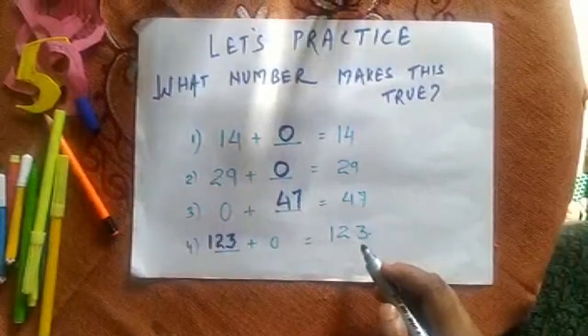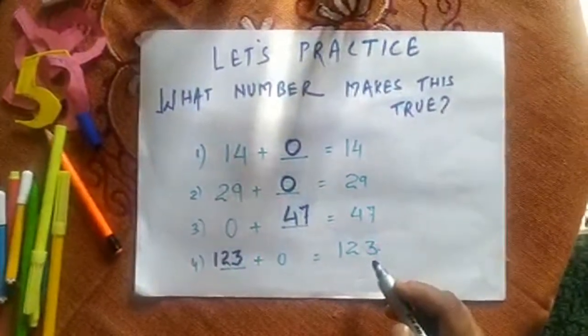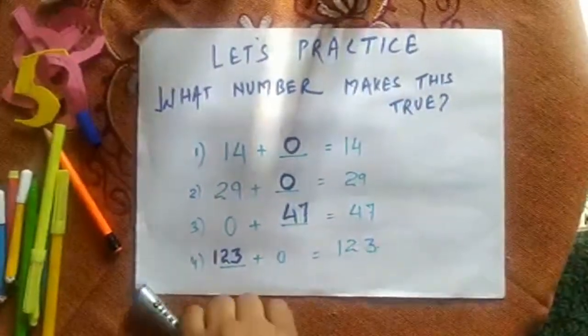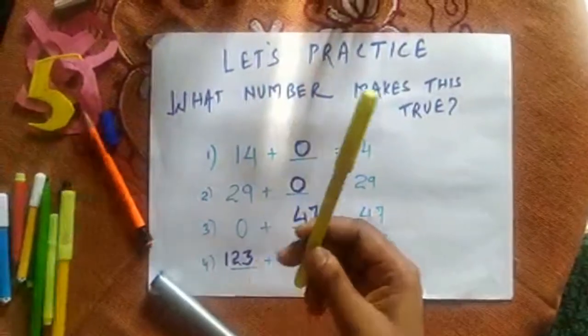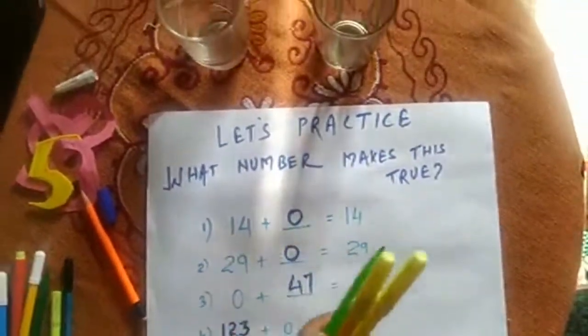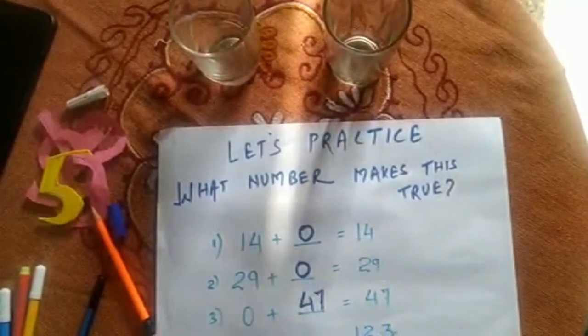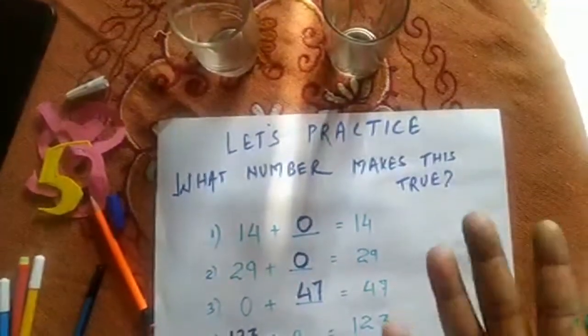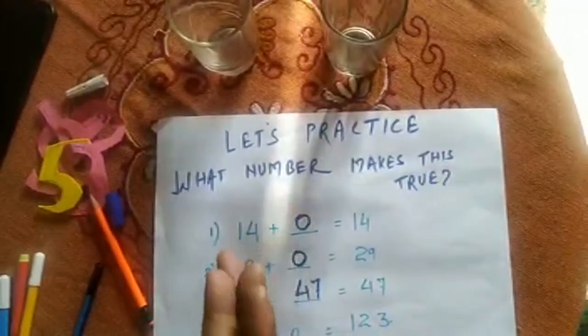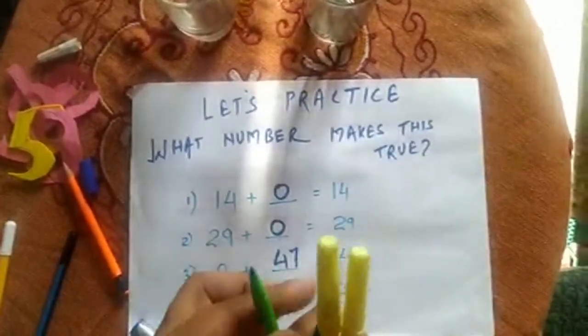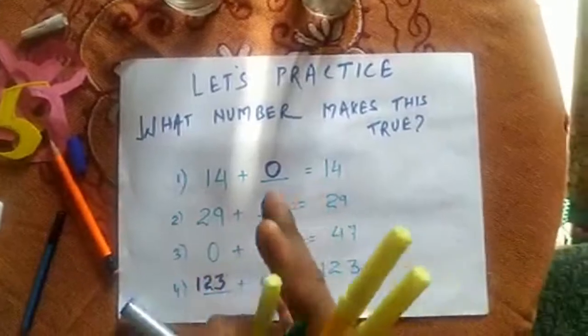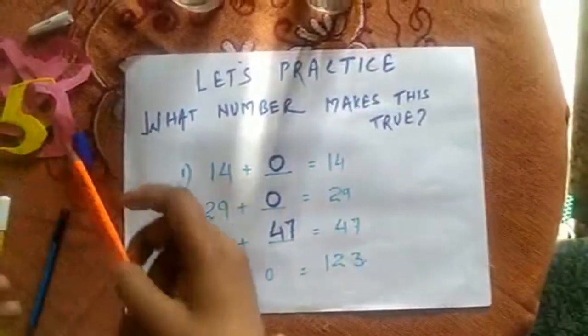This can be clarified with various examples. For example, if we add 6 pens: 1, 2, 3, 4, 5, 6, and 0 pens. Nothing is there. Then when we add them, how many pens are there? 1, 2, 3, 4, 5, 6.